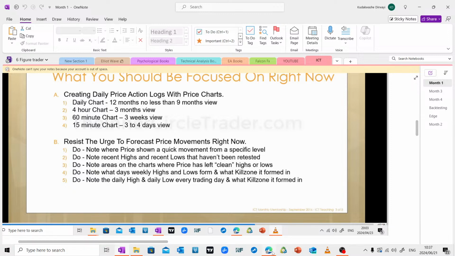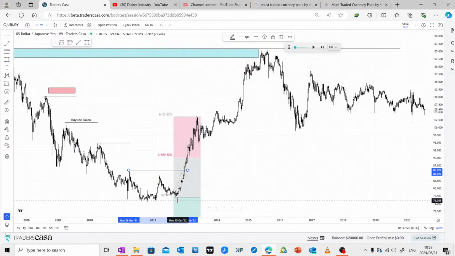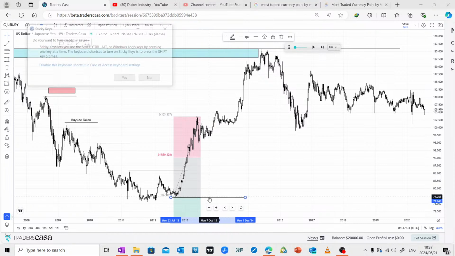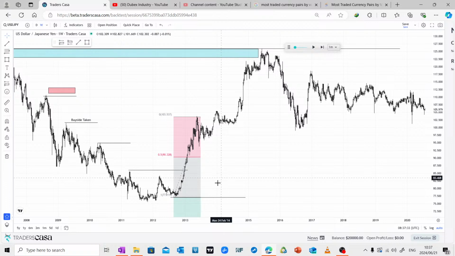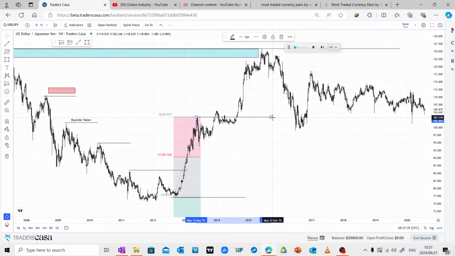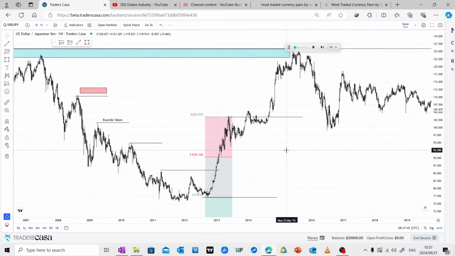So some of those parts are these ones. This is where the chart has left a clean high and a clean low, because there's a clean low, right? And where's the clean high? The clean high is right up here. Okay, so those are key areas, right?